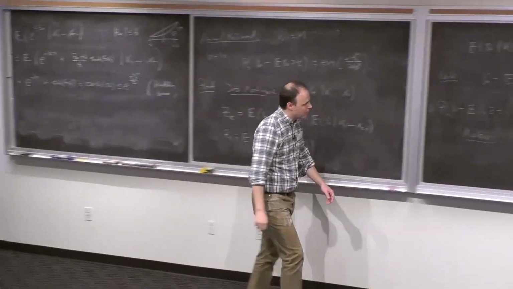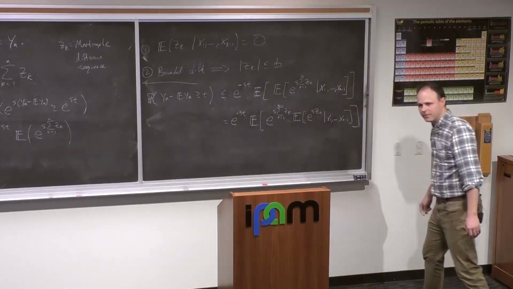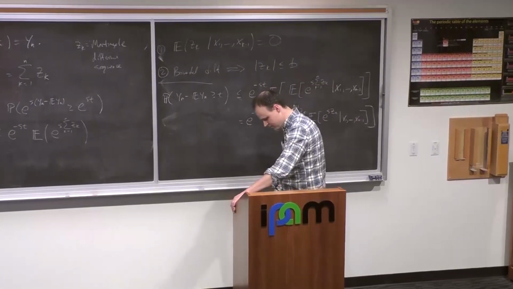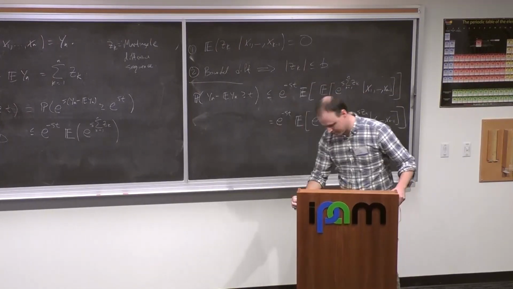I can use that to bound this term, and I can just pull it outside now. So now I have, people can see over here. Maybe I can't move that very easily.